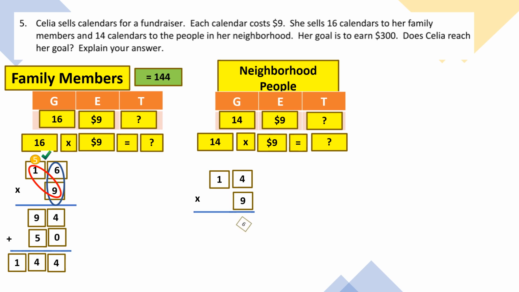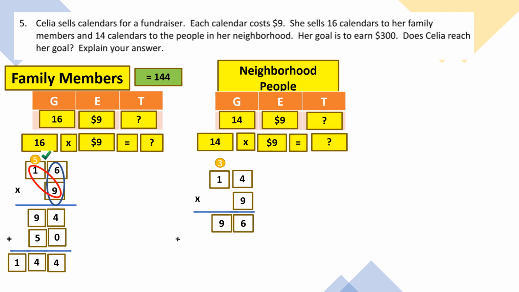and we're going to start by multiplying 9 times 4, which is 36. So we put our 6 in the ones place, and we carry our 3 over the tens place. Then we multiply 9 times 1, which is 9. Now we have that 3 over the tens place, and that's a whole 30.